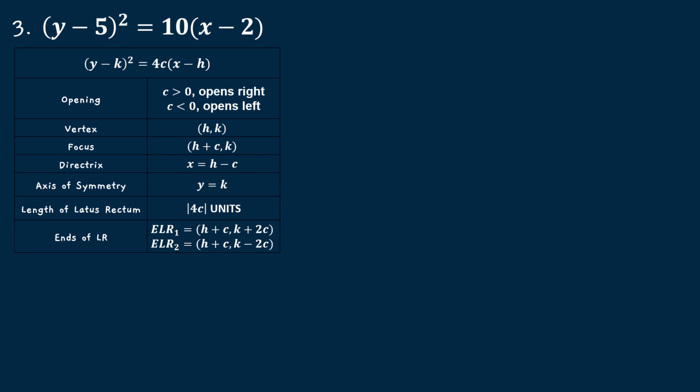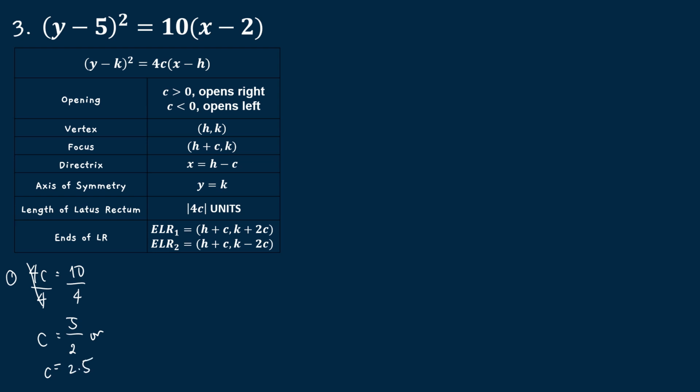And last, for our third example, again, still a horizontal parabola. Solve for the value of our c. So 4c is equal to 10. Dividing both sides by 4, c is equal to 5 over 2, or 2.5. We'll write here 2.5.